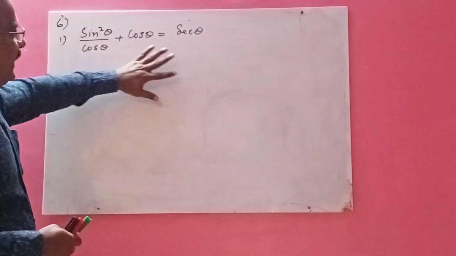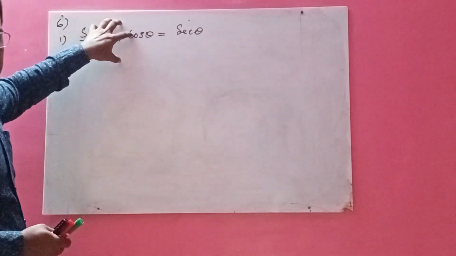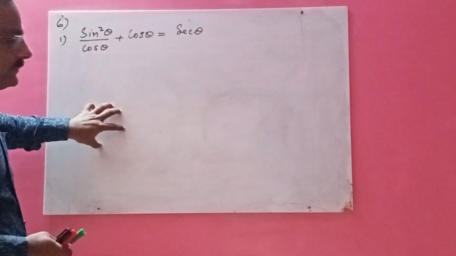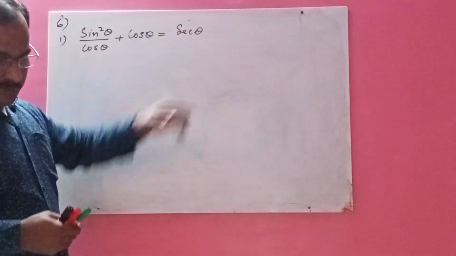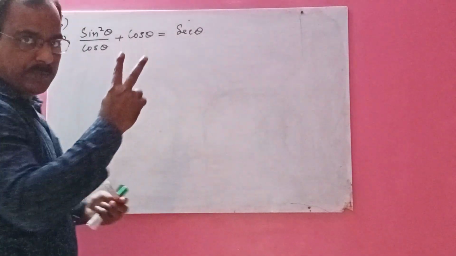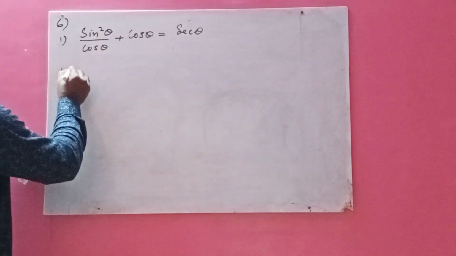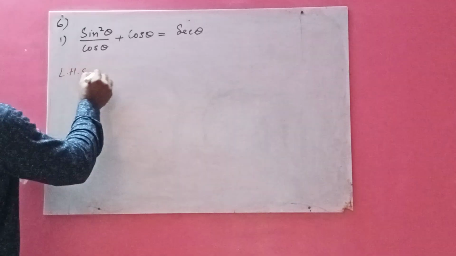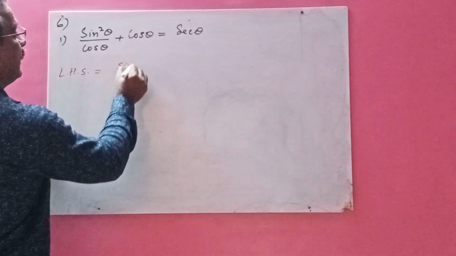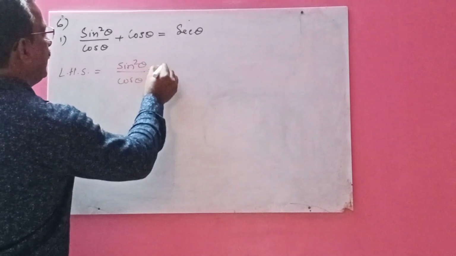Now in this case, this is a little bit complicated part. So I am taking the left hand side and I will solve this and I will get my right hand side. So first you write here left hand side. This is a 2 mark sum, it carries 2 marks. Left hand side: sin square theta upon cos theta plus cos theta.